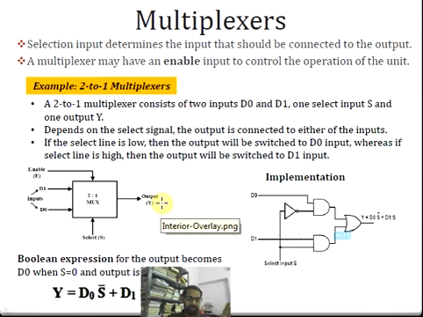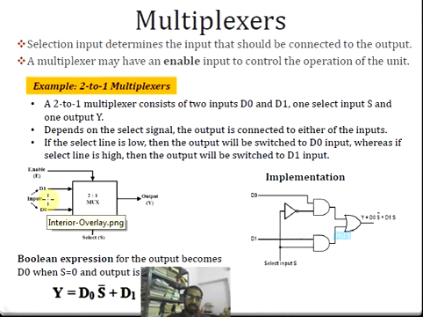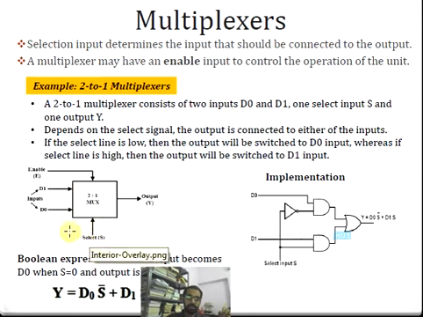Now in this slide you will see a very simple example, that is a 2 to 1 multiplexer. That means we have 2 inputs here, D1 and D0, and there is only one output. If there are 2 inputs, how many select inputs will there be? One, because the relation is 2 raised to n.